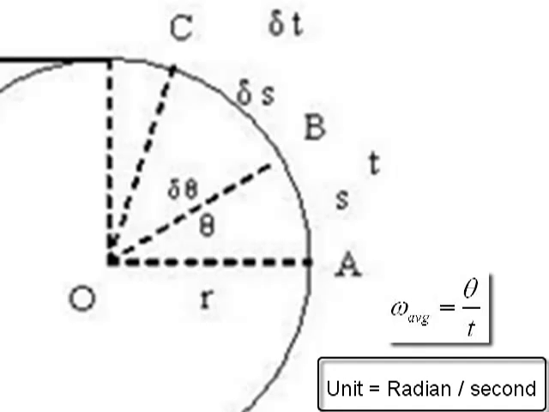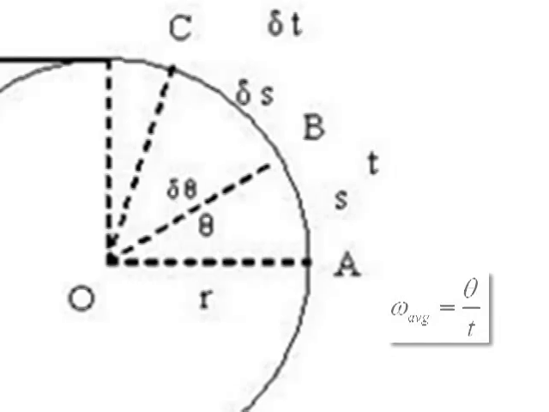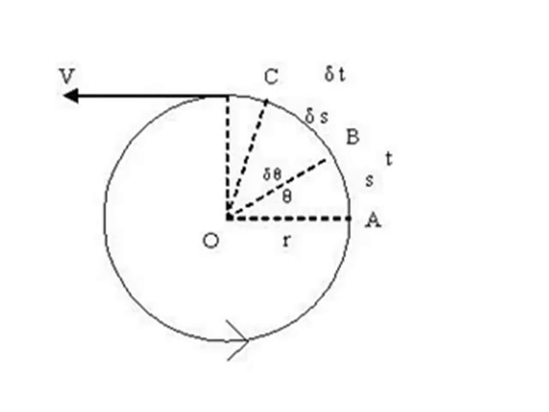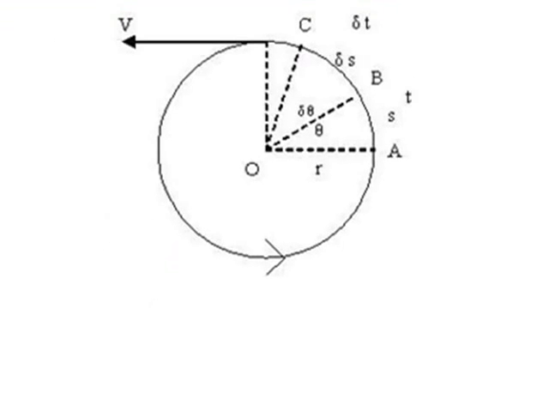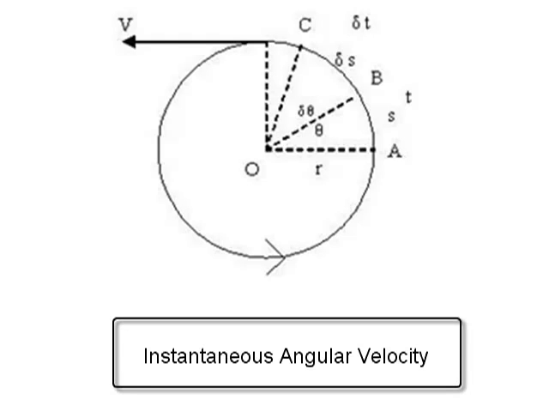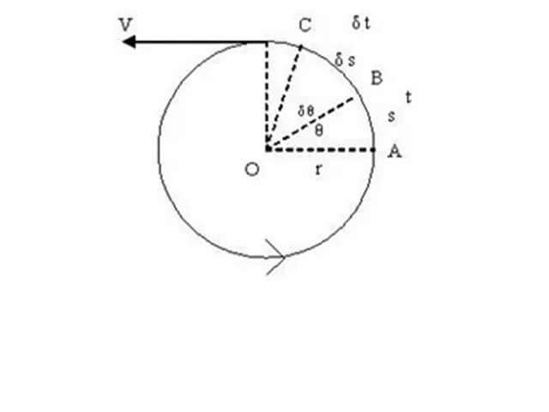Its unit is radian per second. But as theta is not a true vector quantity and we consider delta theta as the true vector quantity or true angular displacement, we always find instantaneous angular velocity instead of average angular velocity.